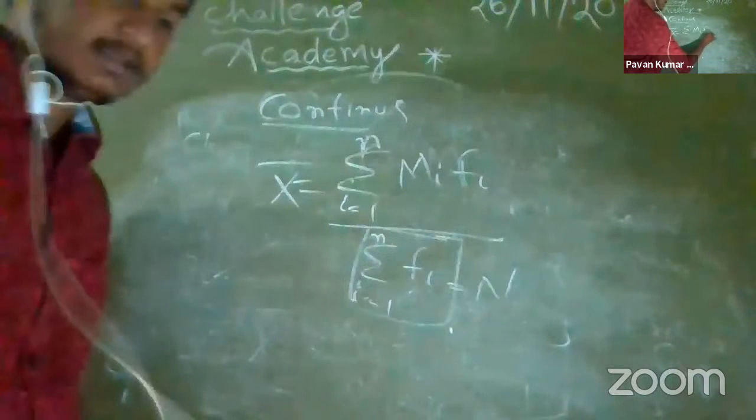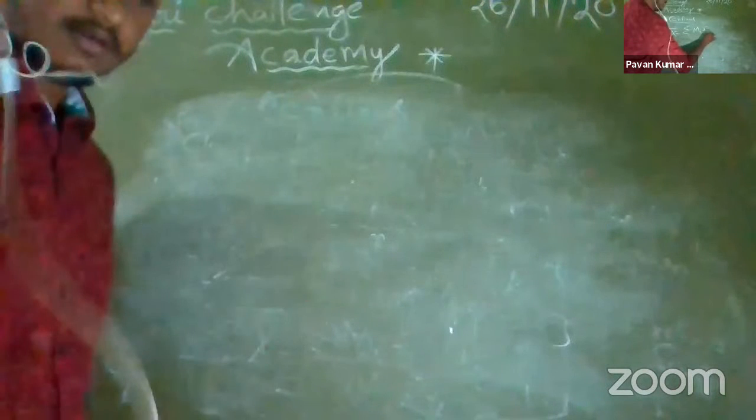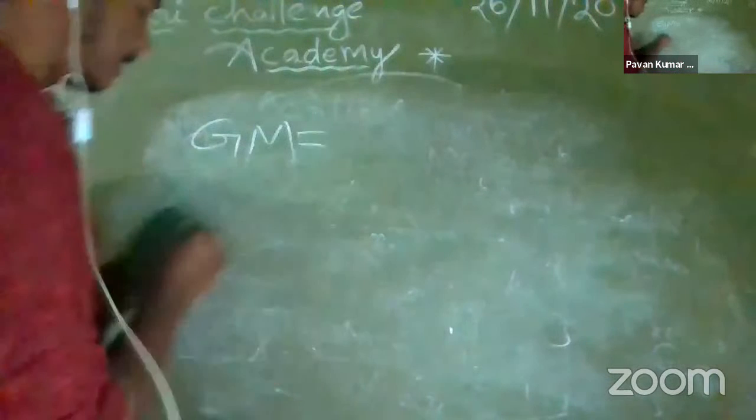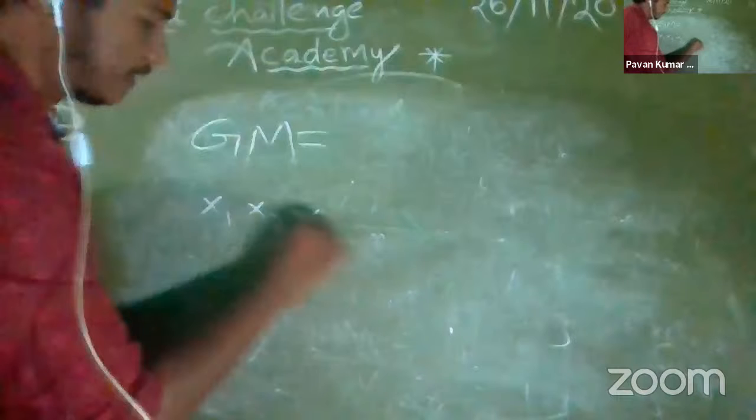Now this is the arithmetic mean. Now geometric mean. Suppose observations x1, x2, x3 up to xn.